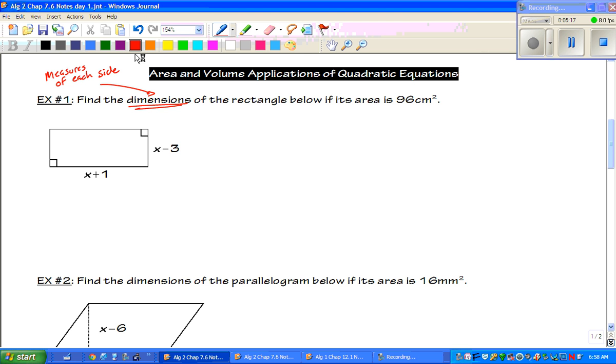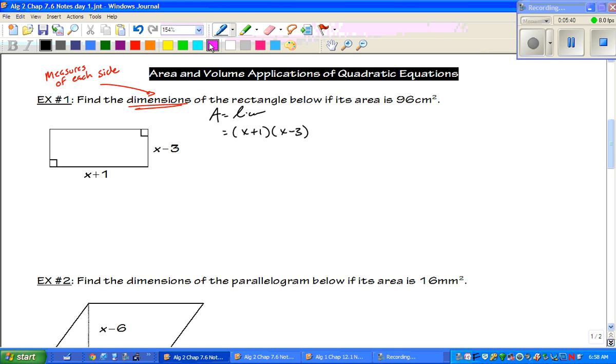So let's go ahead and get started. I'm sorry. So we're using area equals length times width. So we know that one side is x plus 1 and x minus 3.